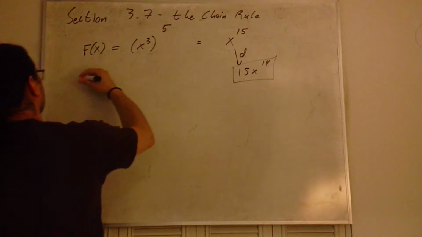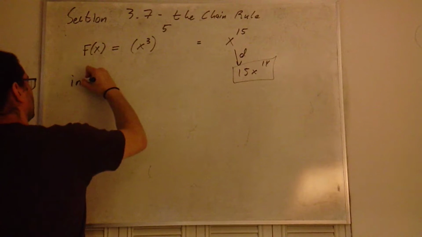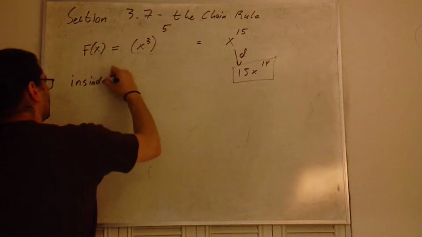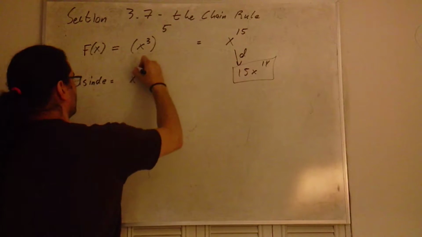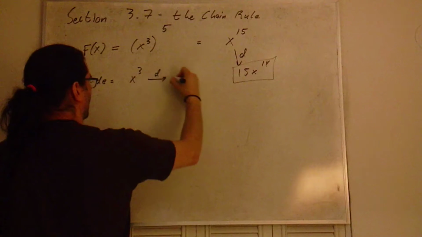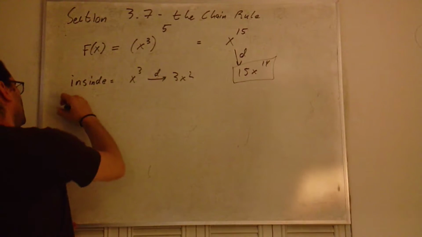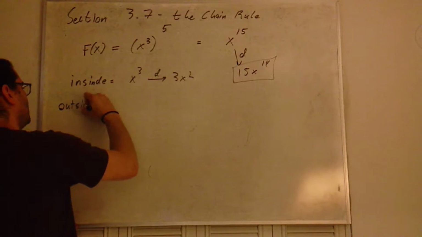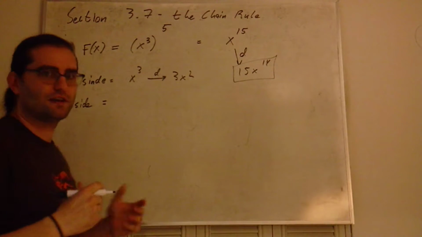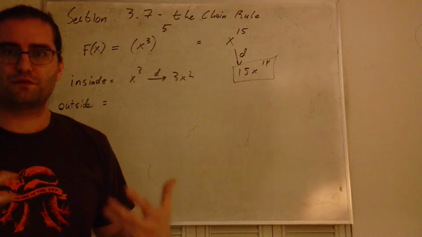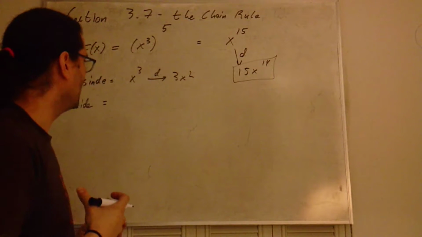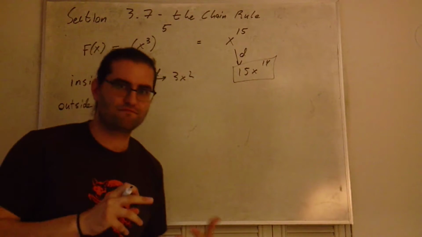So, individually, what we have here is an inside function, which is x cubed, and the derivative of that is 3x squared. We know that, no surprises there. The outside function, here's a little piece of Dave-specific notation that I'll introduce. This isn't endorsed by any calculus textbooks.